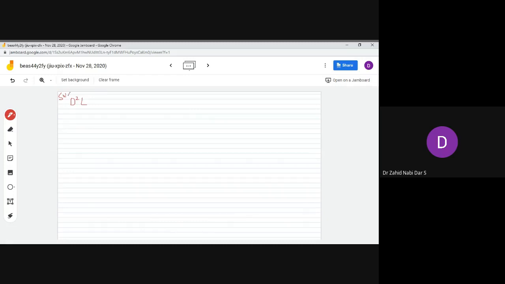So the first thing we'll do is that we know that D square L would be equal to Q upon C naught NS. So this is the formula we have, where this Q would be equal to your input kVA.